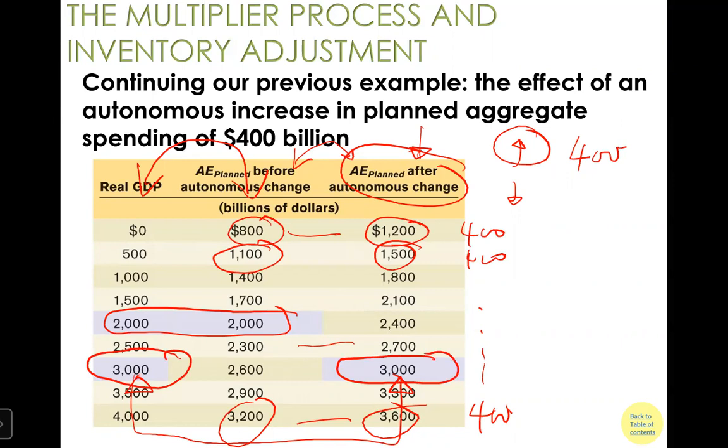Or in other words, if the aggregate expenditure line moves up by 400, the real GDP will increase by, comparing these two numbers, 1,000.